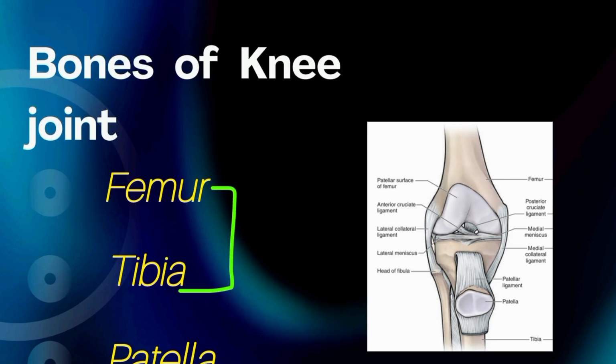The tibiofemoral joint consists of the distal end of the femur and the proximal end of the tibia, as you can see from here. The tibiofemoral joint has great demands placed on it in terms of both stability and mobility.